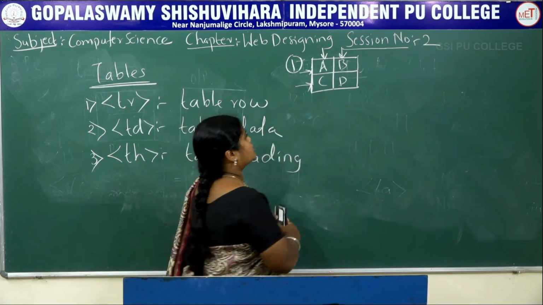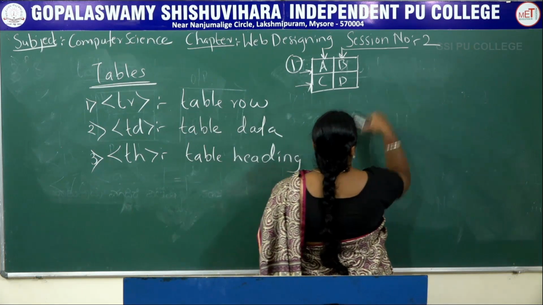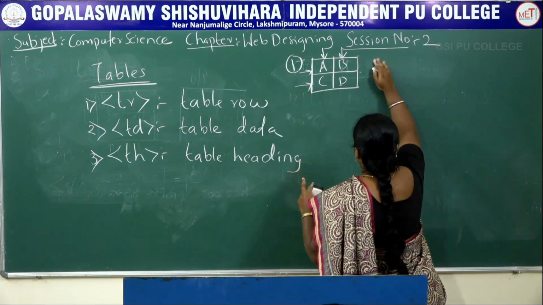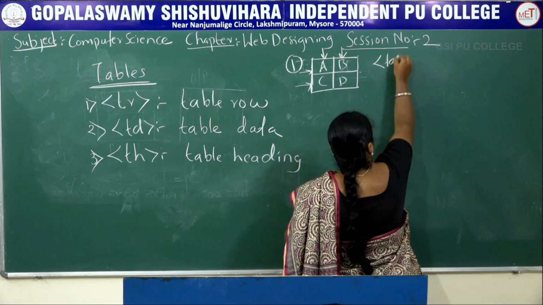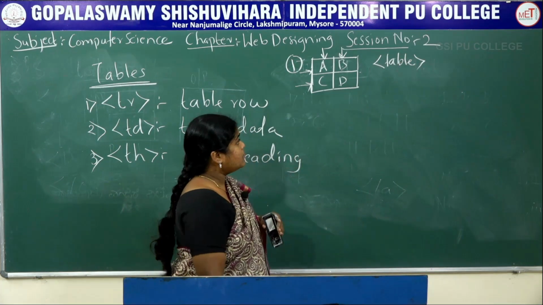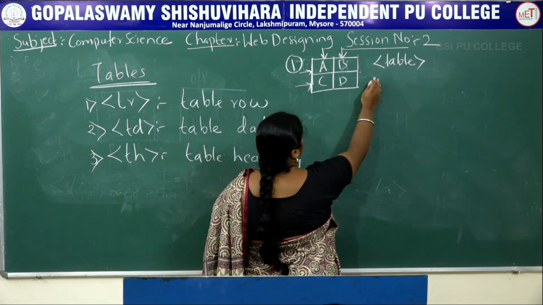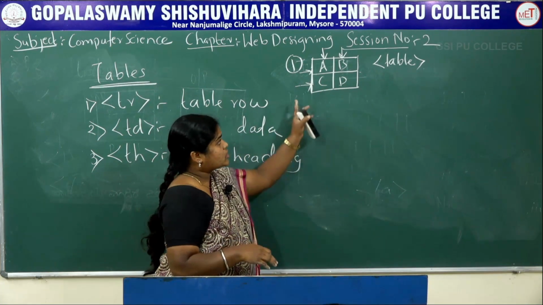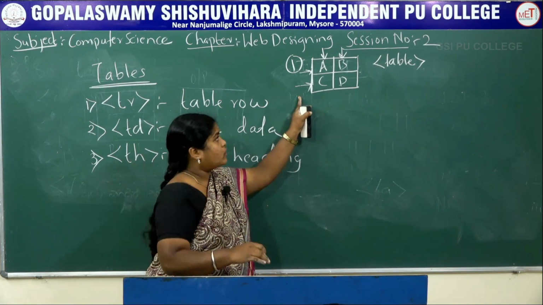Now for this particular structure, you have to start drawing the table. As we are drawing the table, the first tag is the table tag itself. Then we are going to write the code for this table row by row.